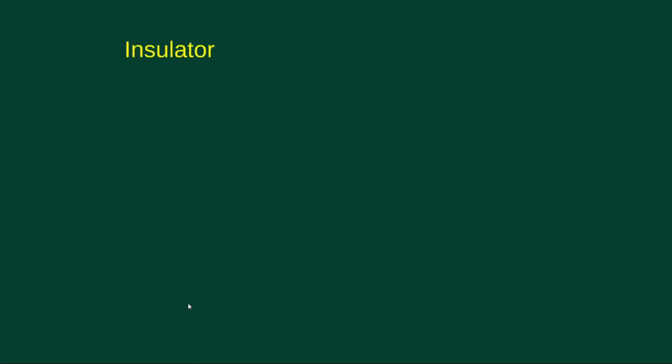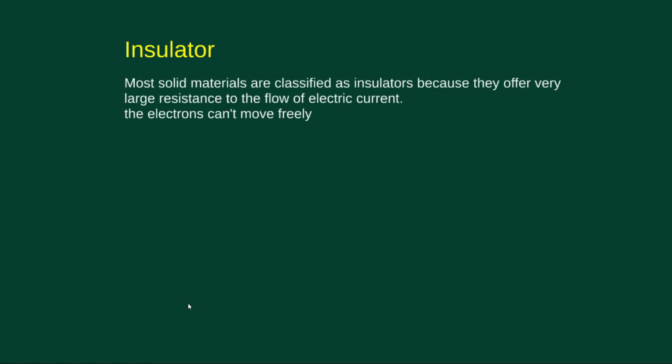Now I will explain two terms that we must know in static electricity. The first one is called insulator material. Most solid materials are classified as insulators because they offer very large resistance to the flow of electric current.